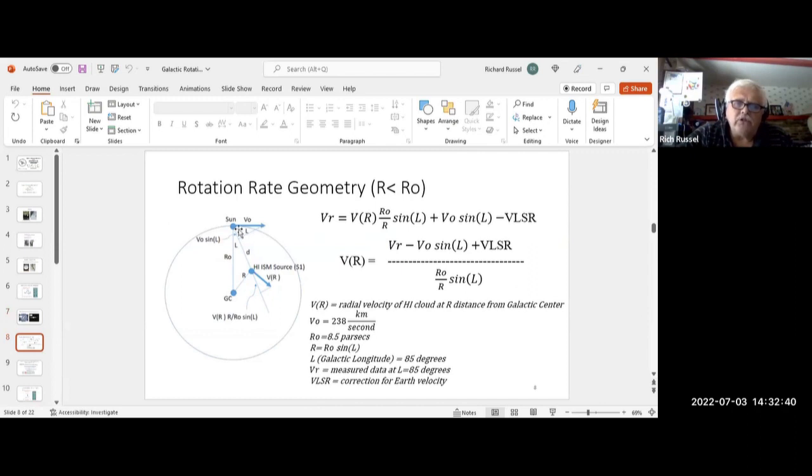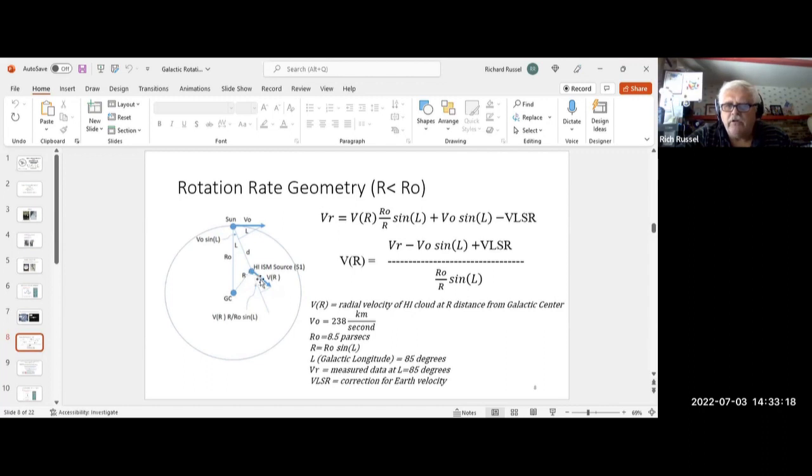So from the big picture, the sun is at a distance of 8.5 kiloparsecs away from the center of the galaxy, GC. R naught is that 8.5 kiloparsecs, so that's the distance. The hydrogen source we're looking at is this S1 here. The goal is to determine the speed of that hydrogen source at a distance R here.